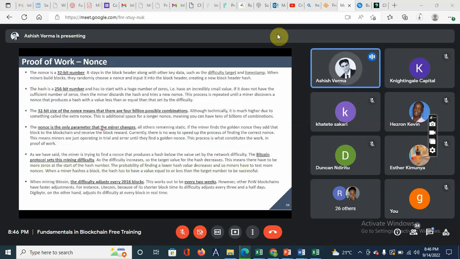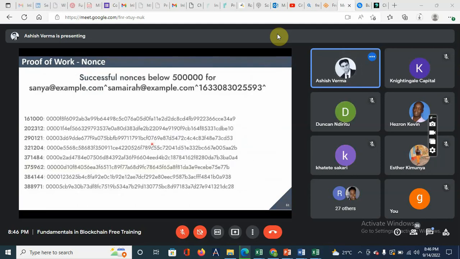On this slide, I am mentioning the same thing in a text way. This is some example of the same message. It is not that there is only one nonce, 161,000. There are multiple other nonces available, and these 4 zeros are everywhere.